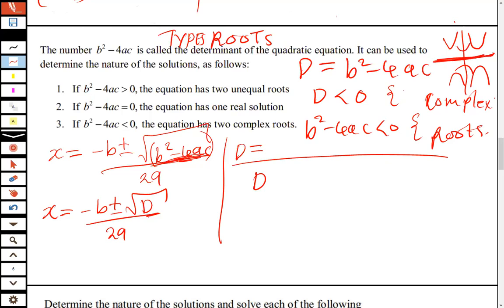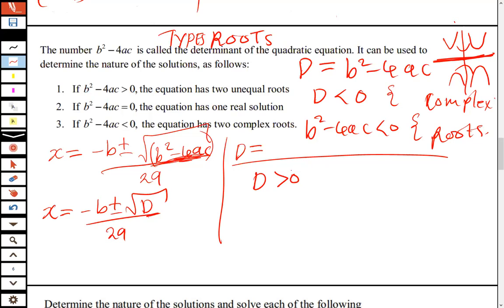And then when D is greater than 0, it means that the given quadratic equation has two different real roots. Some books say two unequal roots, meaning the roots are not equal.